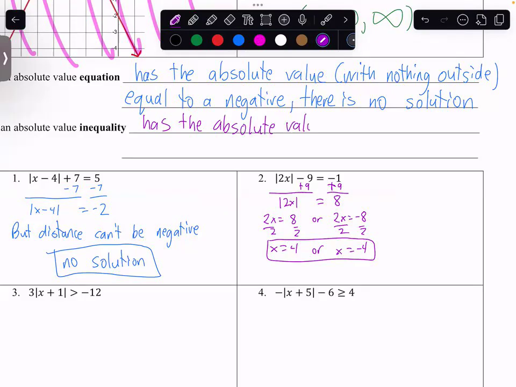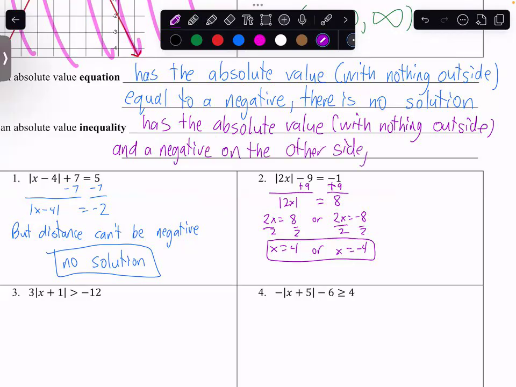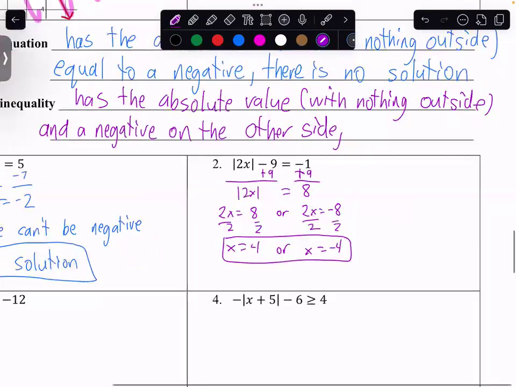If it has the absolute value with nothing outside, and a negative on the other side, okay, I'm just gonna make things easy actually.